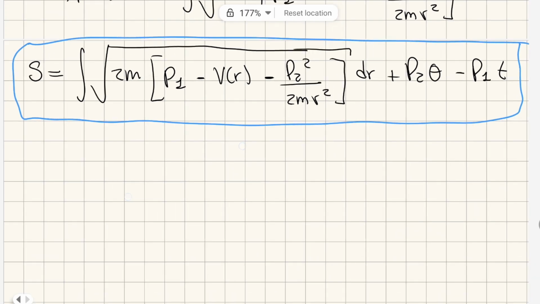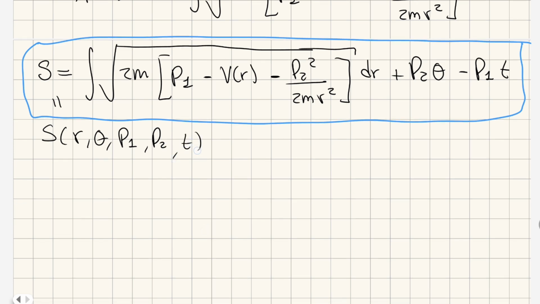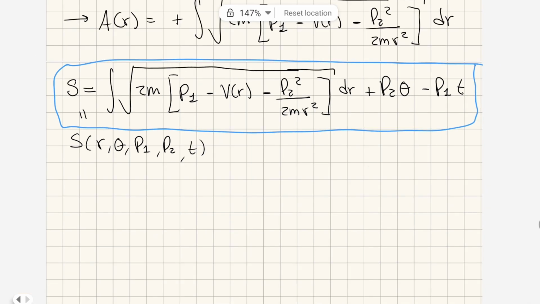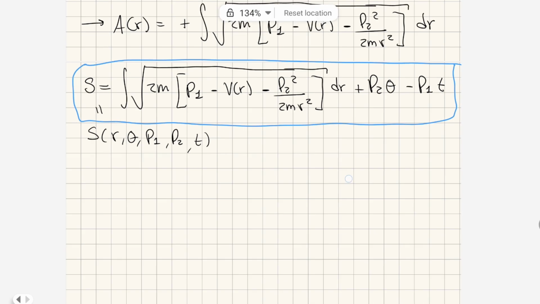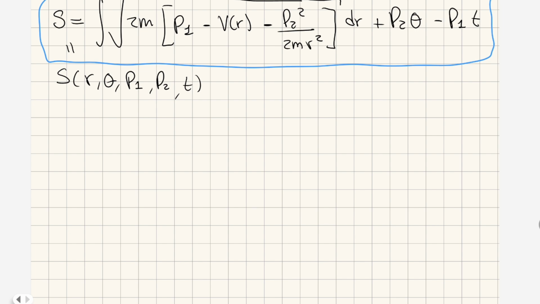Another interesting thing to notice is that this function s is actually a function of all the variables that it can be: r, theta, p1, p2, and the time. Okay, and remember that since s is a generating function of canonical transformations, s has to verify two equations that are going to be very important.